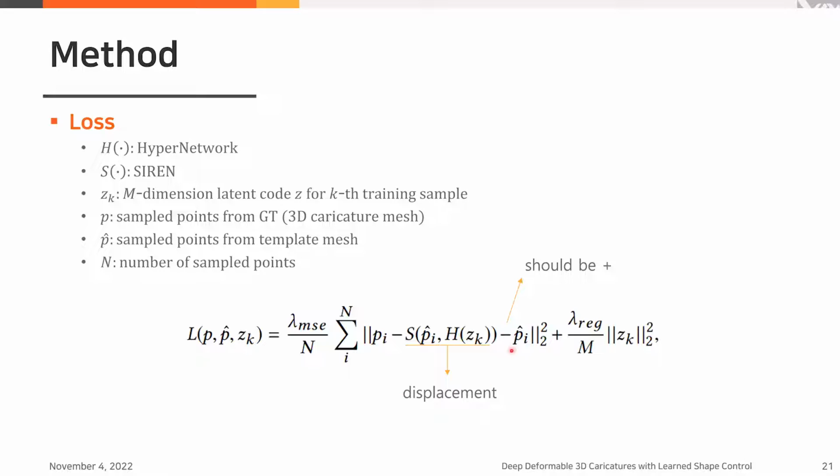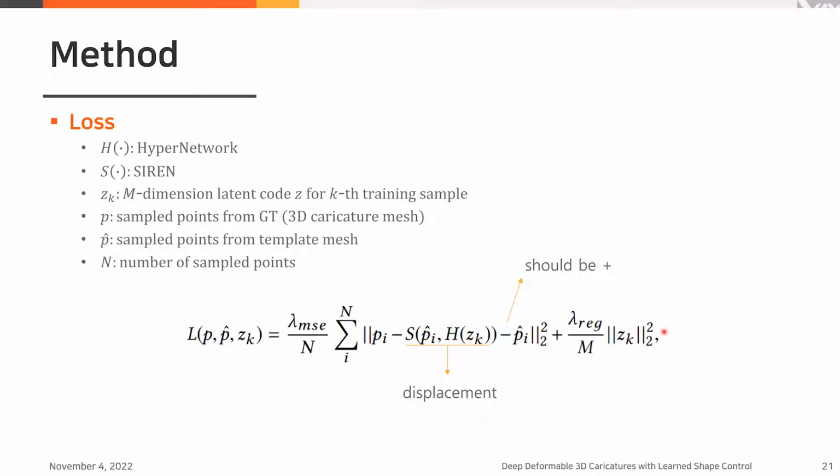And I believe this should be the plus sign, since you need to add those displacements to the base template position to have a deformed shape. And P_i is the point from the ground truth 3D caricature mesh. So if you subtract those two, you have the residual of the ground truth and the generated mesh position. And you sum it all up and divide to find the average mean squared error. And this is a regularization term to make the sampled Z code not be very large.